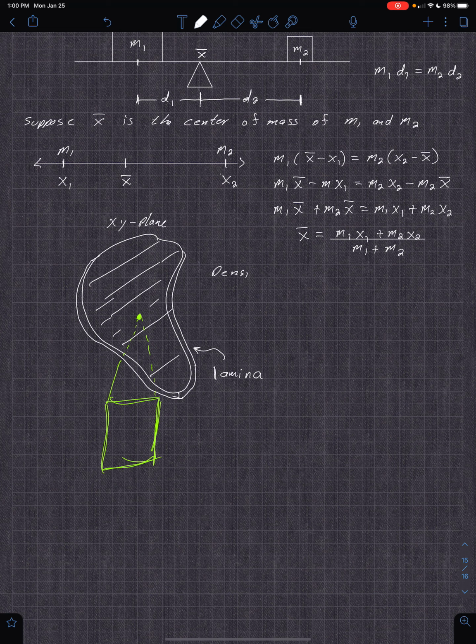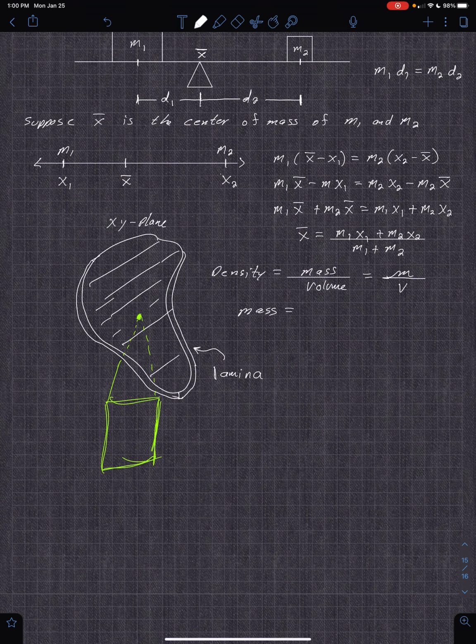So density is equal to mass divided by volume, which we all know. We'll use a notation like a cursive M for mass, like the total mass, and then volume.